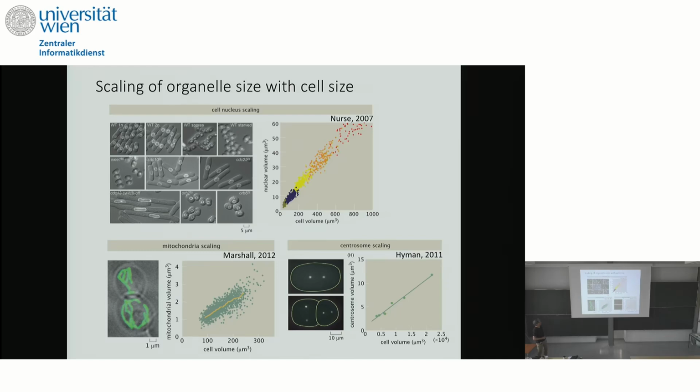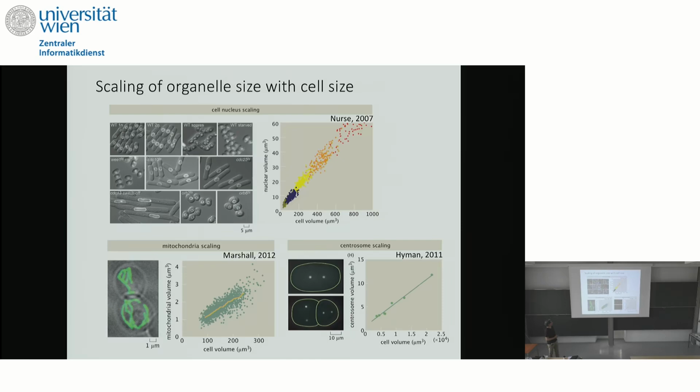The question is, how do cells assemble their organelles so that they match the size of the cell in which they're assembled? For example, these are some experiments that were done in Paul Nurse's lab. They made fission yeast cells of different size.